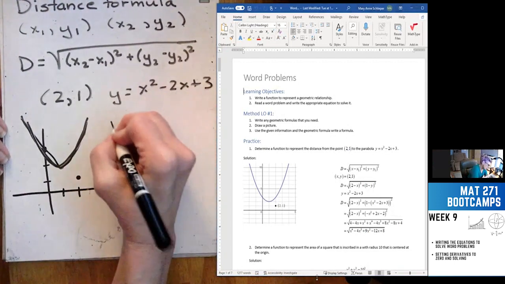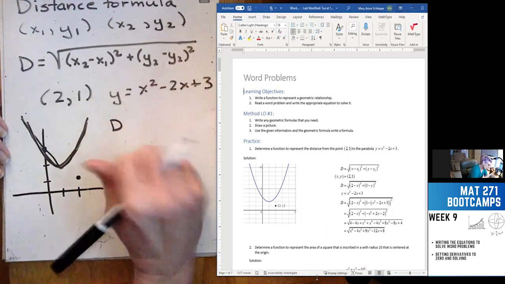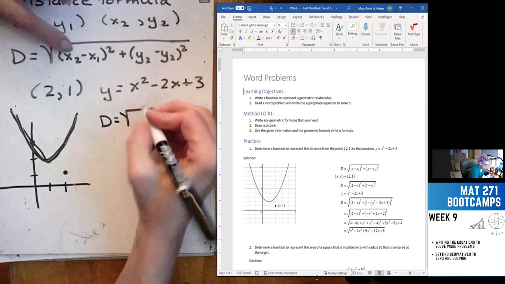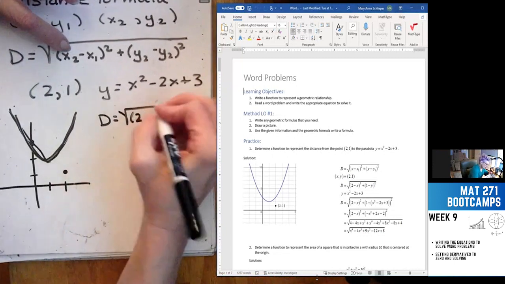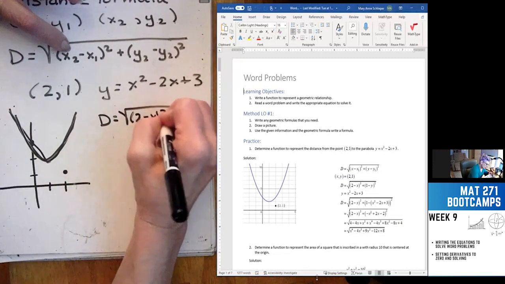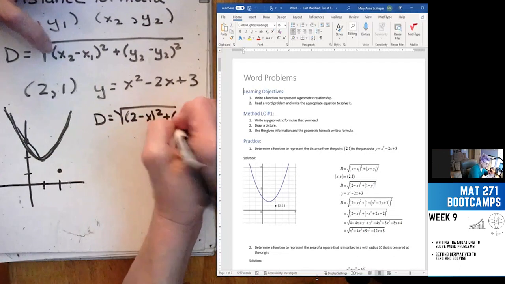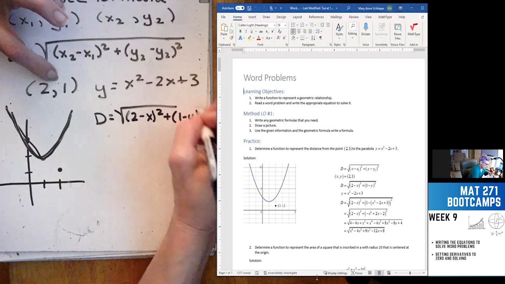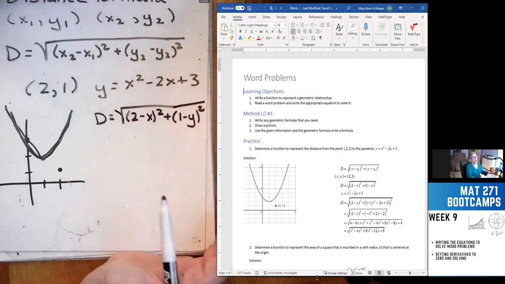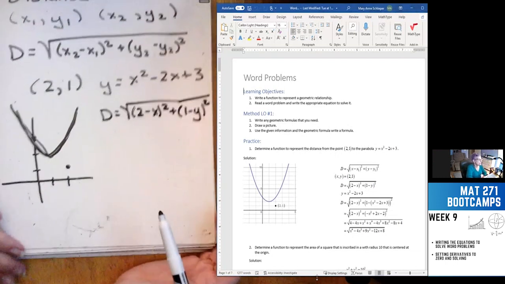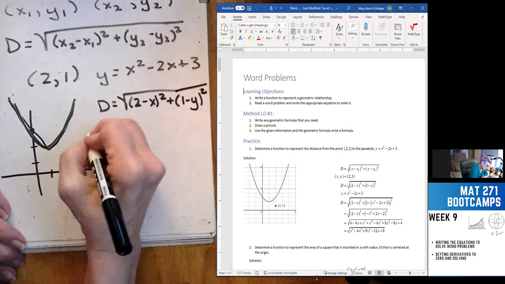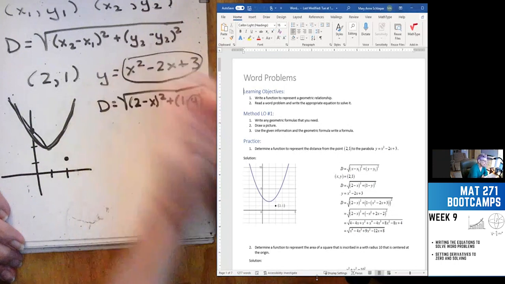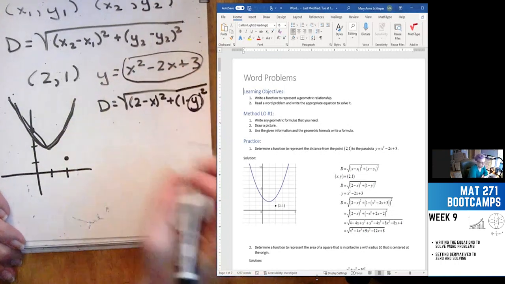So now the distance from my point, I'm going to call my point (2, 1). I would have (2 minus x) squared plus (1 minus y) squared. But we want a function that only has one variable in it. So I'm going to replace y with x squared minus 2x plus 3.